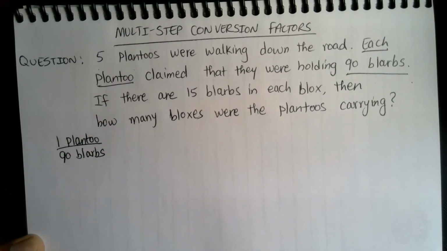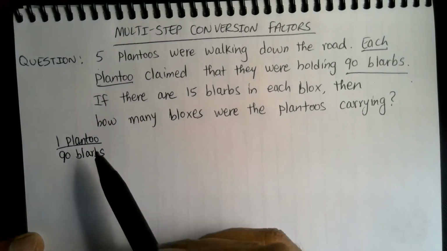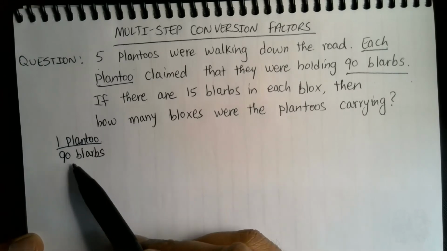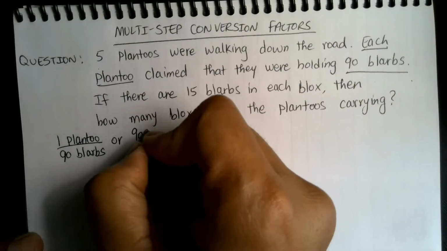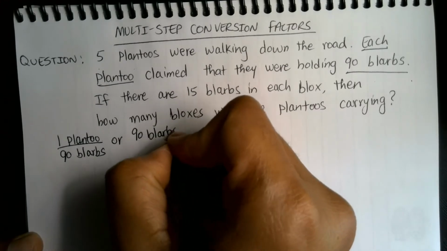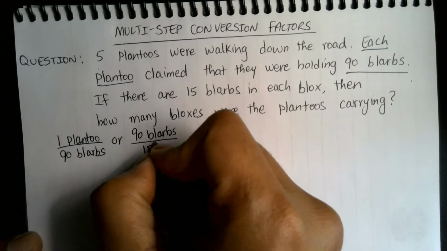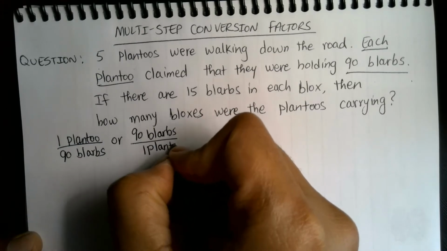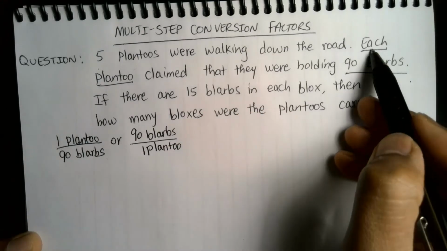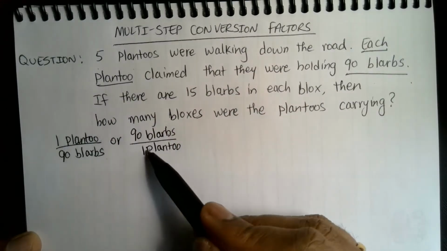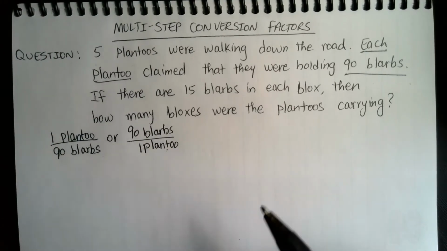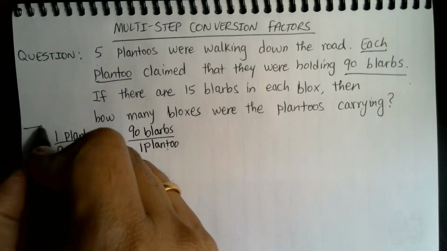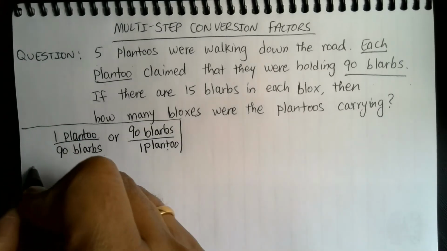Because you don't know what Plantus and blarbs are, you can say that for every one Plantu, there are 90 blarbs, or for every 90 blarbs, there is one Plantu. That number travels with it because the question tells you each Plantu, so one Plantu. Doesn't matter whether you write it this way or that way. These are just reciprocals of each other. So that's one conversion factor I got.